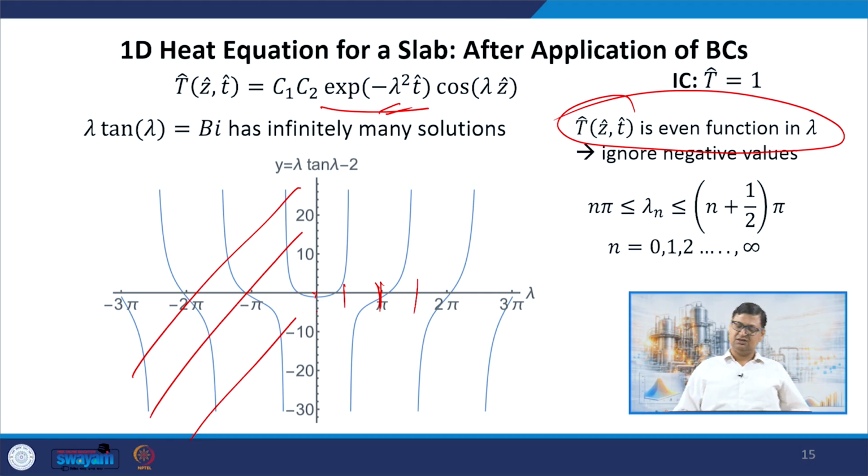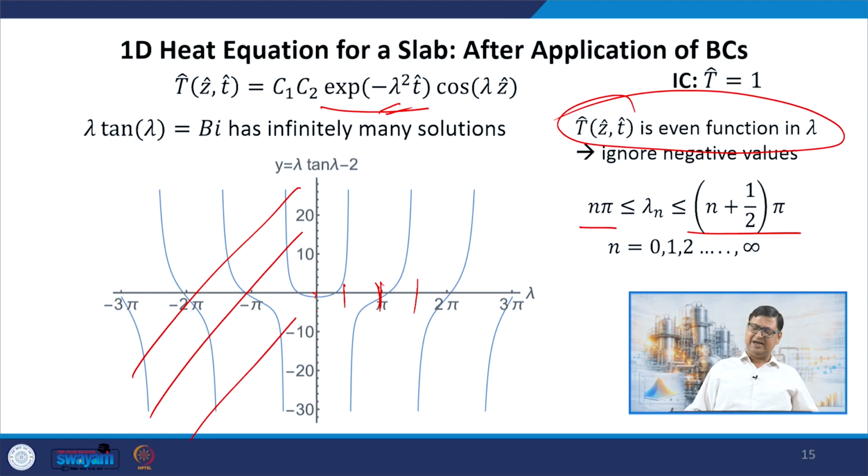In fact, for every range from n pi to n plus half pi, between 0 to pi by 2 we have a solution, then pi to 3 pi by 2 we have a solution, and so on, right?